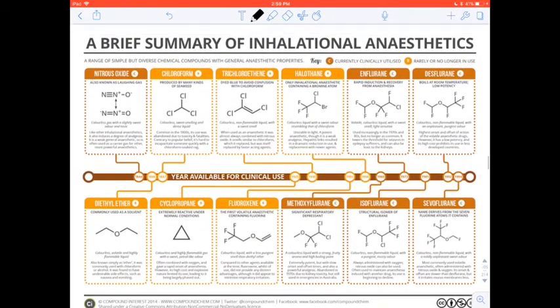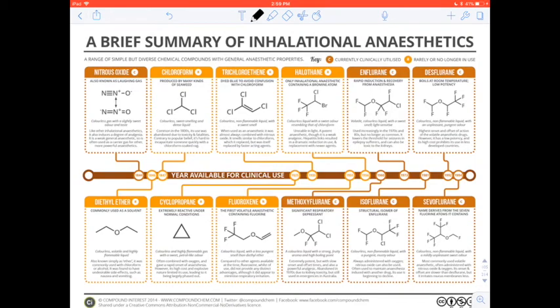And so here are some of the inhaled anesthetics. For general surgery, a lot of times we'll use fluoro a lot. Our original ones, a lot of you may have had nitrous oxide, or laughing gas, for simple dental procedures.